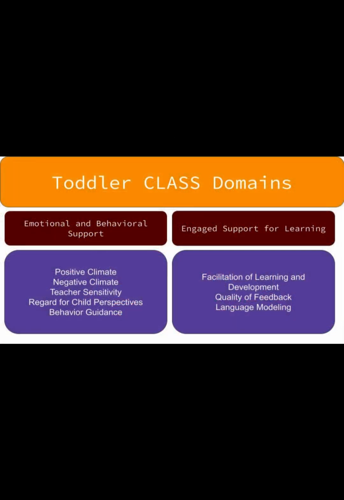The emotional and behavioral support domain consists of 5 dimensions: positive climate, negative climate, teacher sensitivity, regard for child perspectives, and behavior guidance. You will learn the definition of each dimension, the indicators of each dimension, and why each dimension is important.